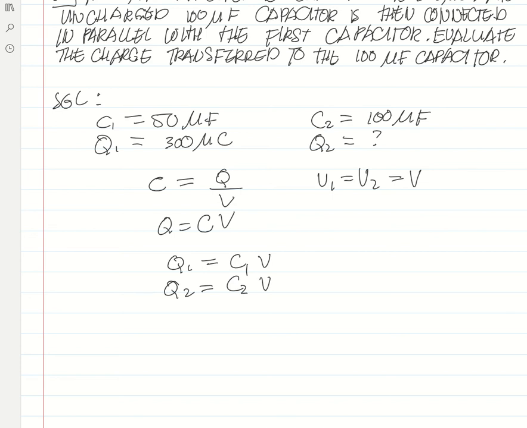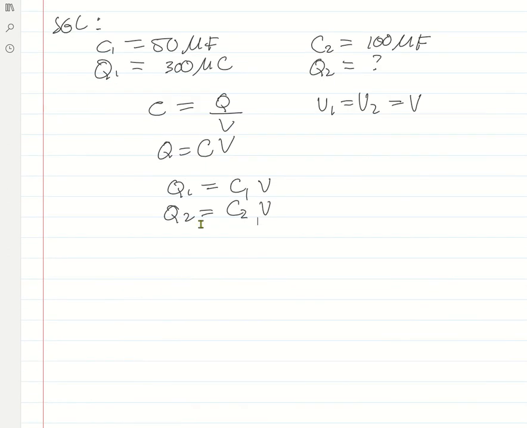Then C1 is 50 microfarad and C2 is 100 microfarad. Then we can divide these two to determine our Q2. So dividing, Q1 all over Q2 will be equal to C1 times V all over C2 times V. But V1 and V2 are equal, this is just V, so we can cancel that out.